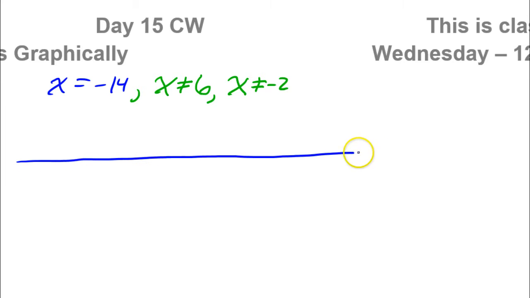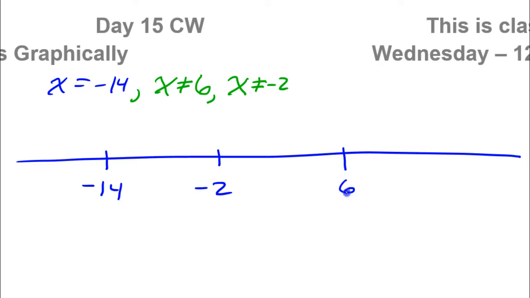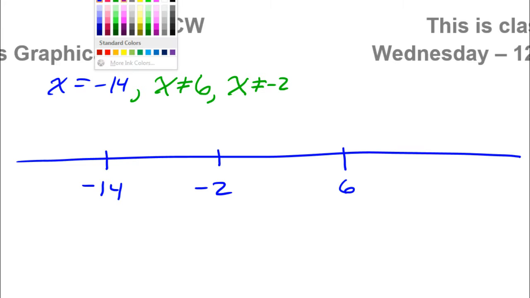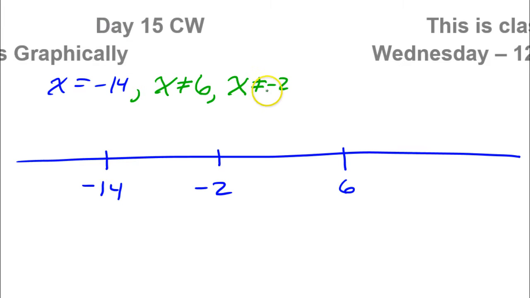Okay, so here comes my number line. I have negative 14, negative 2, and 6. Remember that the excluded values are always open circles, because open circles mean excluded.